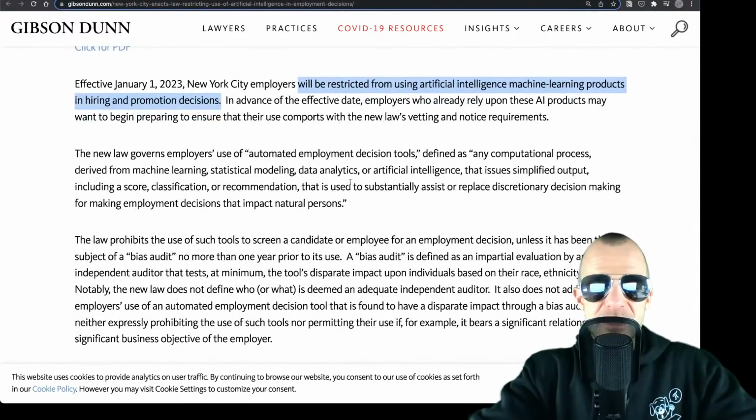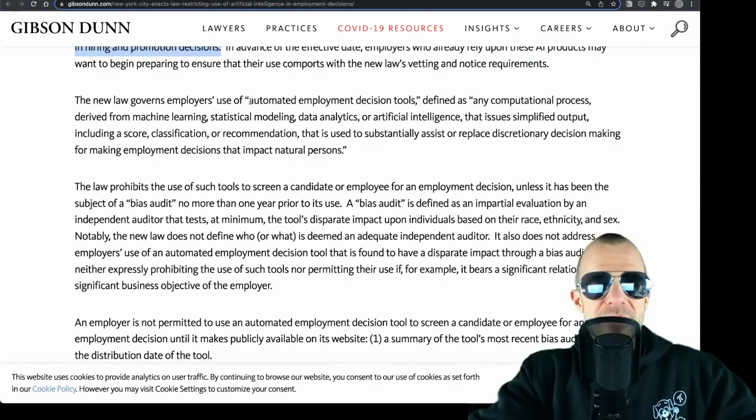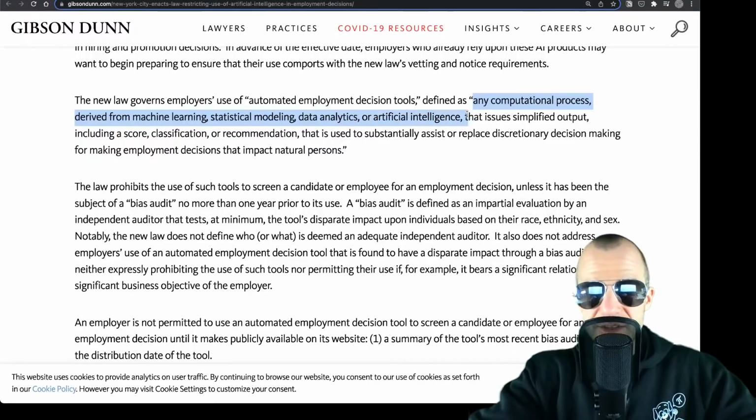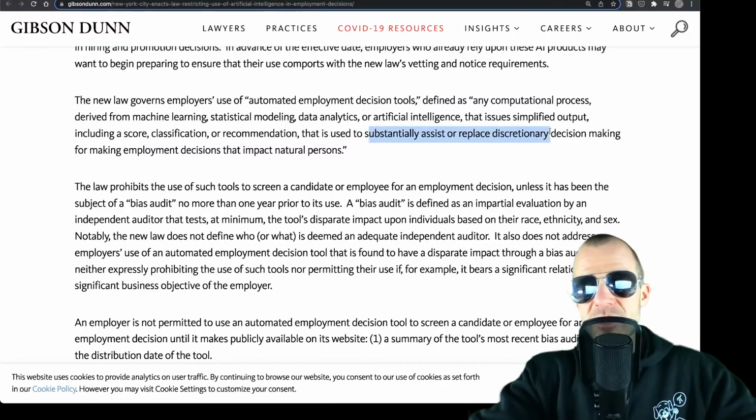And specifically here, it defines automated employment decision tools as any computational process derived from machine learning, statistical modeling, data analytics, or artificial intelligence that issues simplified output, including a score, classification, or recommendation that is used to substantially assist or replace discretionary decision-making for making employment decisions that impact natural persons.